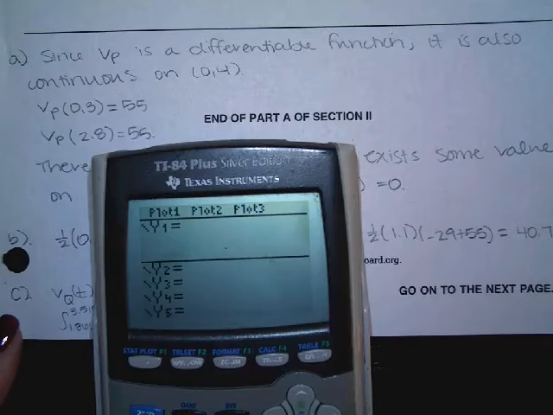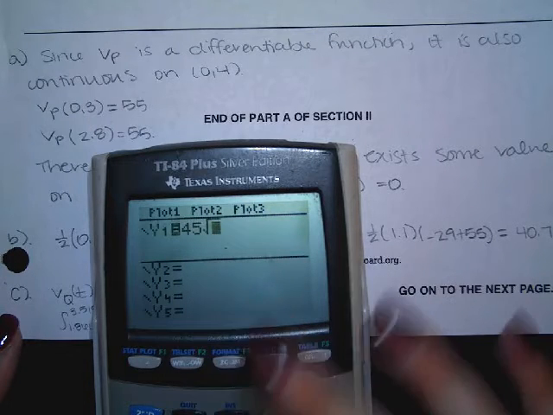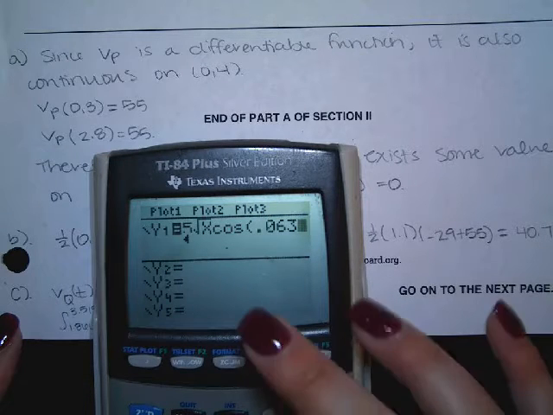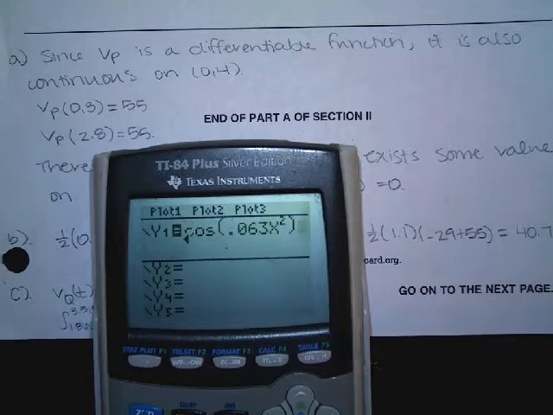So that second equation was 45 square root t cos 0.063 t squared. They didn't say that the interval has to be from 0? No, they did. They said the interval is from 0 to 4.